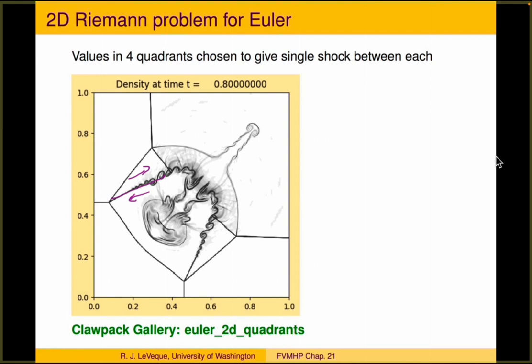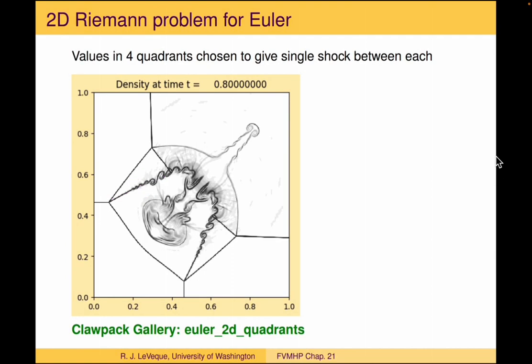Now, because we're using a numerical method that has some numerical viscosity, that contact discontinuity, that shear line actually rolls up. You get a Kelvin-Helmholtz instability forming, and so that's why it doesn't look like a nice linear discontinuity. Instead, you have this roll up here.